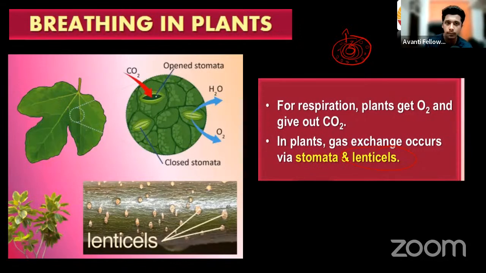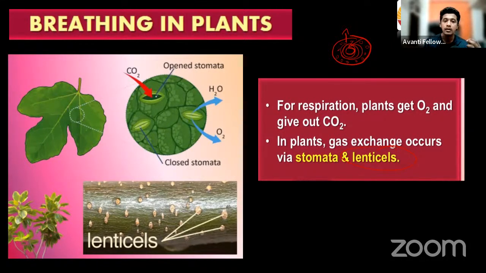Usually the dead cells are towards the center, and their role is to provide mechanical support, whereas all these living, respiratorily active cells are at the periphery, and they can easily diffuse gases from the atmosphere directly. And also these cells are very loosely arranged. So this is how the exchange of gases happens in plants.